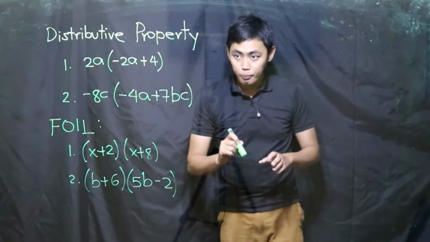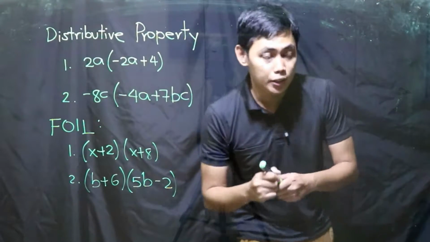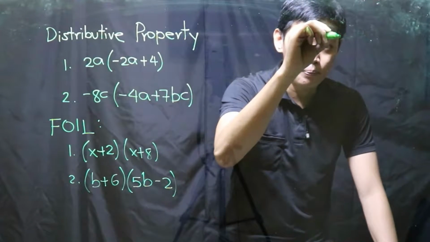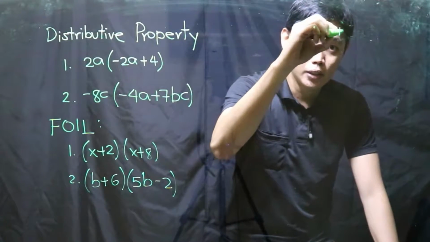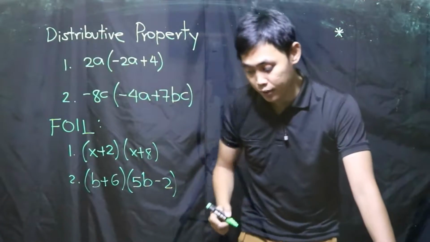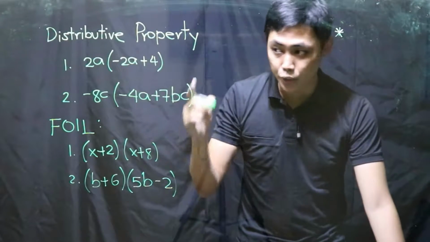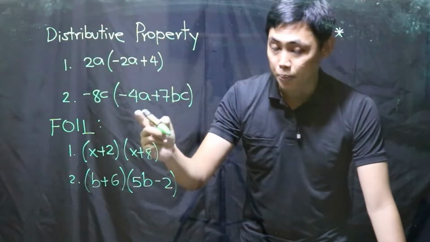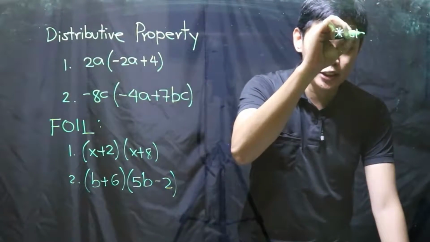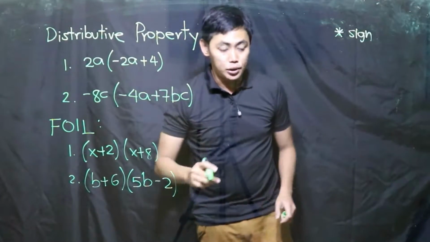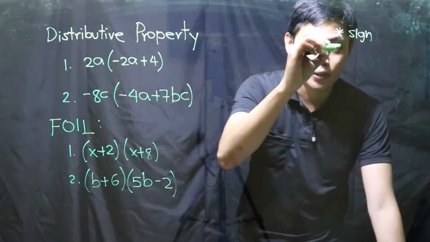So before we dive in, three things to consider, and I've also written this down in last week's video. Since we are doing the multiplication process, we will first consider the sign. What sign should I use? Is it positive or negative?